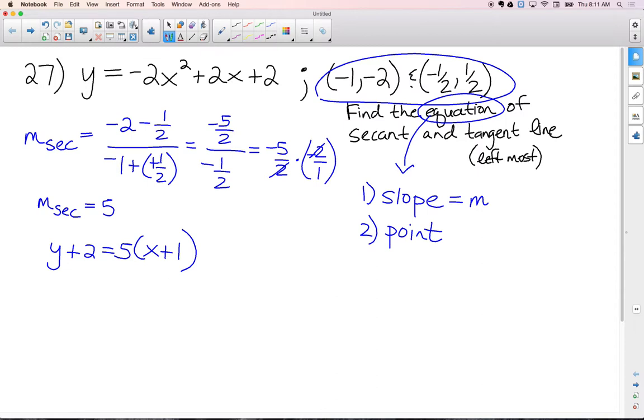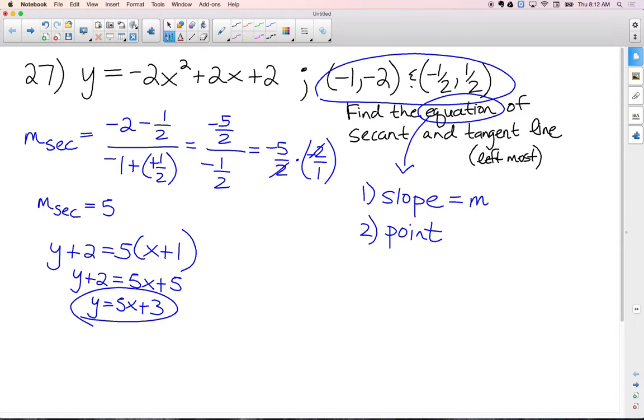So in the spirit of getting the same answer as the answer key, you'll have y plus 2 is equal to 5x plus 5. Then we subtract the 2, and we have y equals 5x plus 3. And there's the equation for your secant line, which is just the line that goes through these 2 points, which happen to be on this graph. So this line intersects the graph in these 2 points over here.